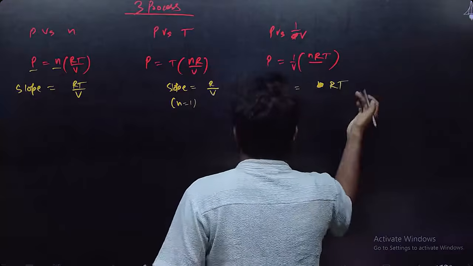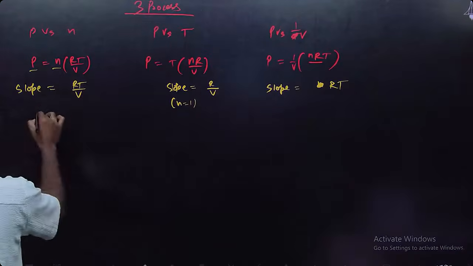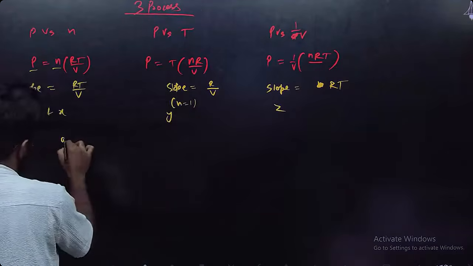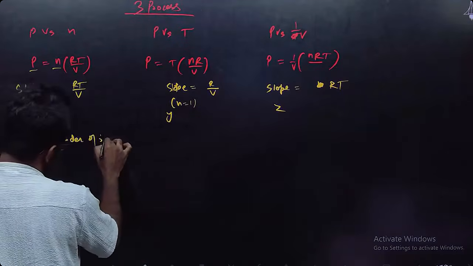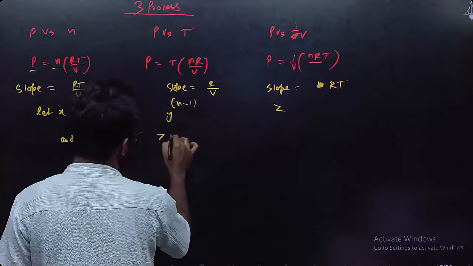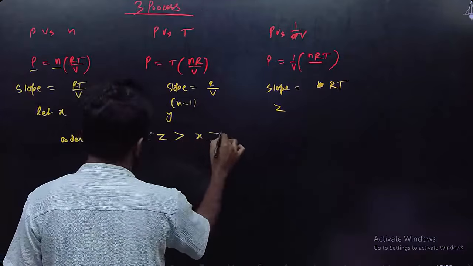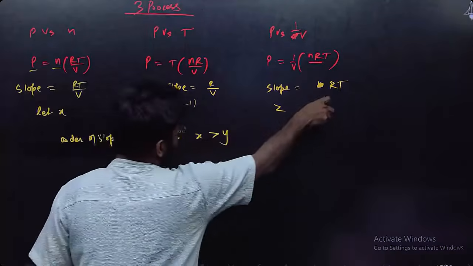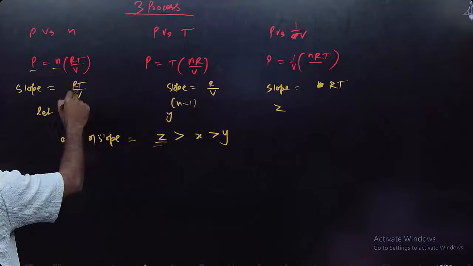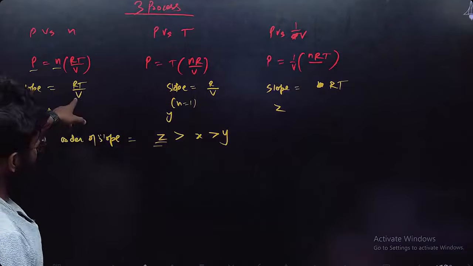Here the slope is RT. Now let these be X, Y and Z. So the order of slope is Z, X and Y, because in one, both terms are under multiplication, but one term is there which is on divide.